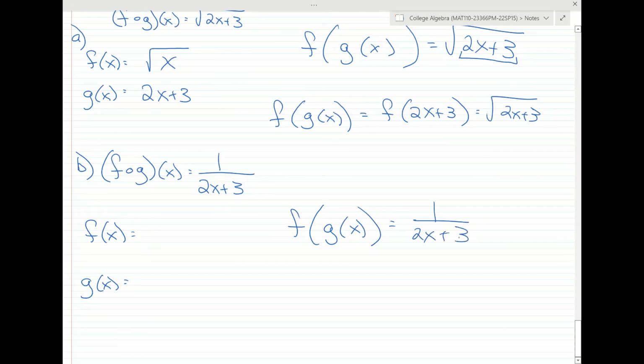Similar to what we just did. 2x plus 3 is on the inside, and 1 over x is the outside, right? G of x is the inside function, 2x plus 3. And if we were to put that in for this x over here, it would be 1 over 2x plus 3, exactly what we want.